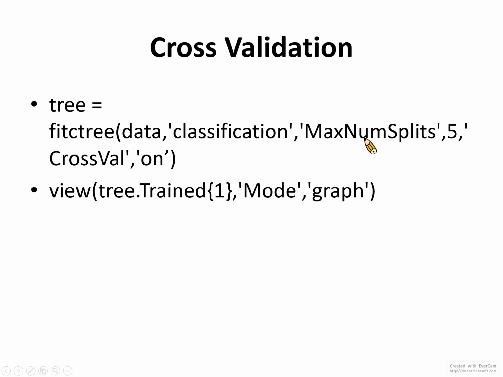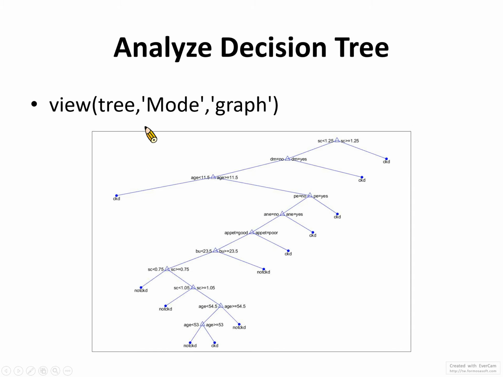So that's why we can limit the number of decision nodes here. So here we just limit it to 5, which means that we only need 5 decision nodes. Then when you train this tree, you can view the results using this graph. Remember that in the previous simple model, we just typed view tree.